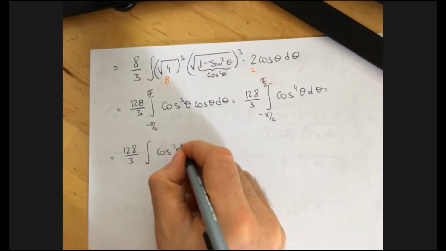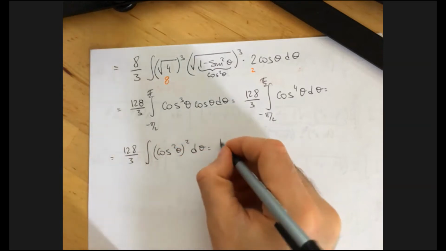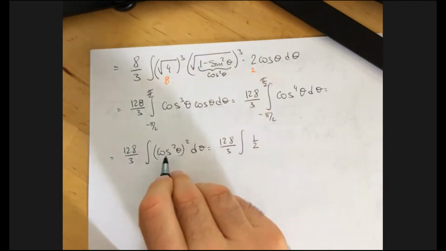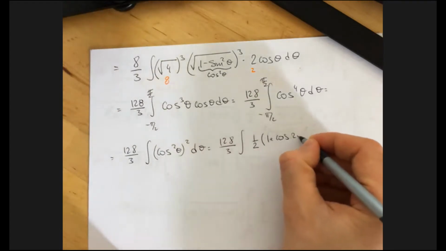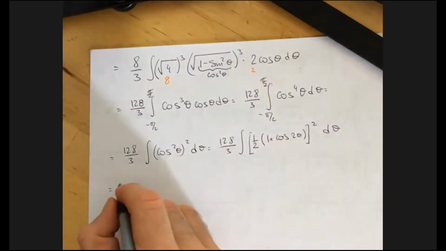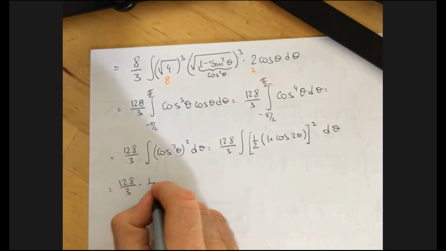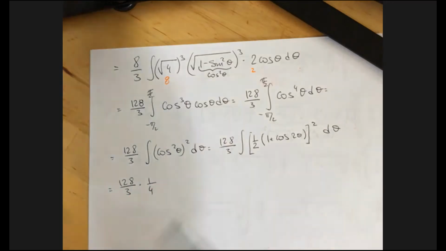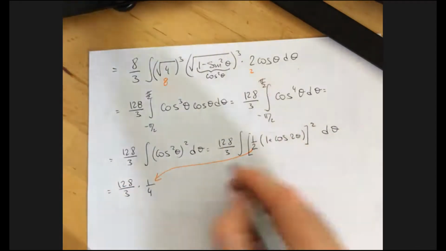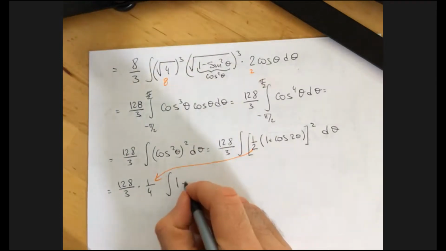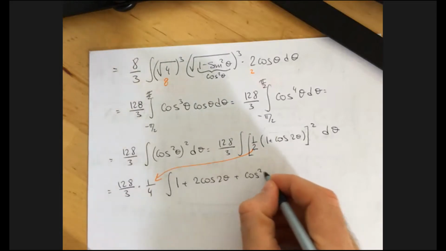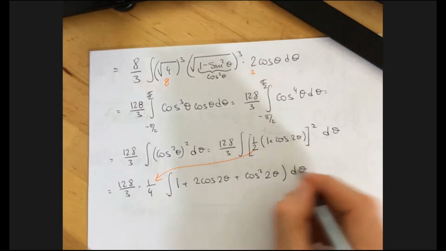That's cosine squared theta, squared, d theta, which is 1/2 times 1 plus cosine of 2 theta, squared, d theta, which is equal to 128/3 times 1/4. That 1/4 is right here, right? So 1/2 squared is 1/4 times the integral of 1 plus 2 times cosine of 2 theta plus cosine squared of 2 theta d theta.